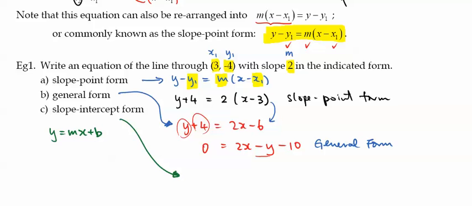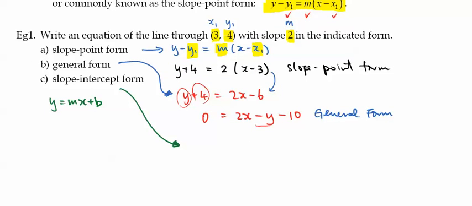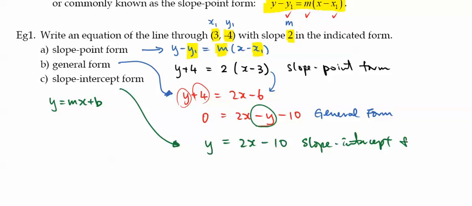So I want to isolate the y by bringing it back to the left-hand side. My equation will now be in slope-intercept form. And as you can see, we still have slope equals 2, but now we also have the y-intercept indicated in the equation.